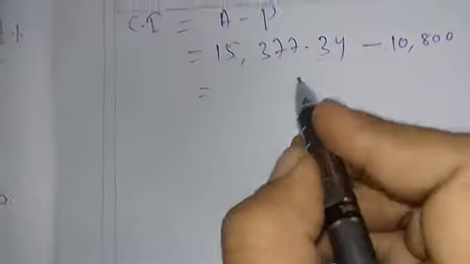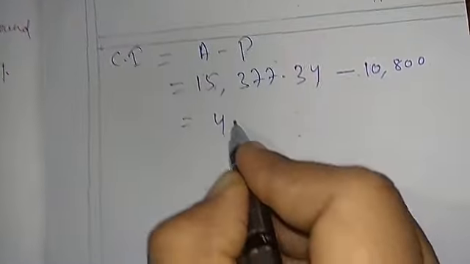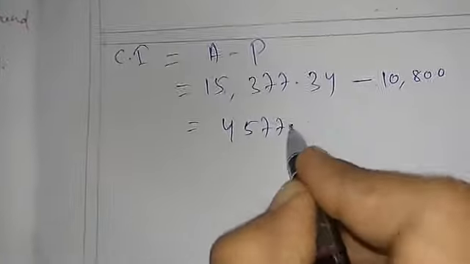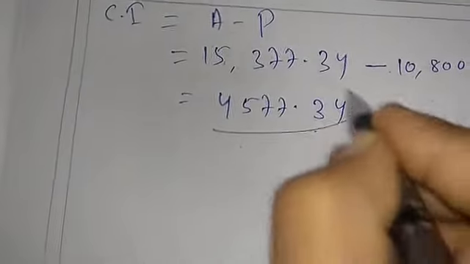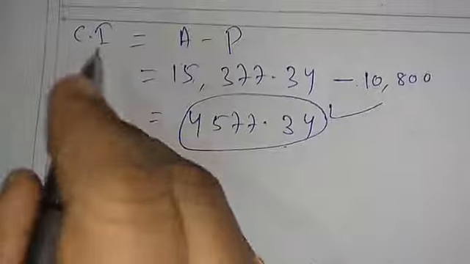We subtract, we get 4,577 rupees and 34 paise. This is the compound interest.